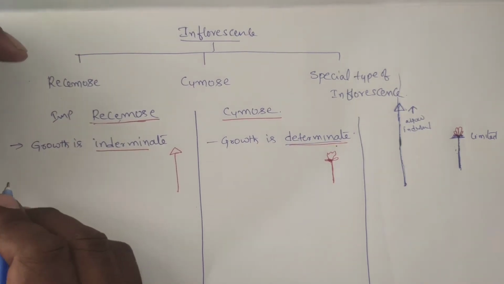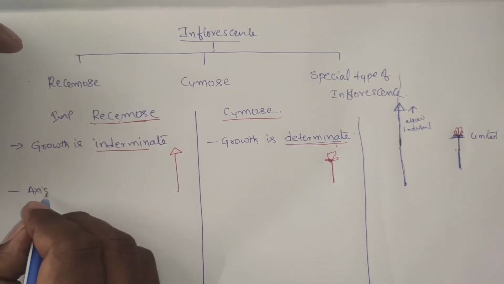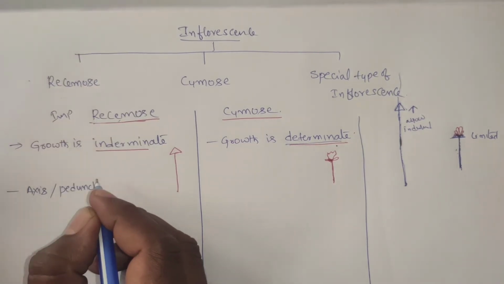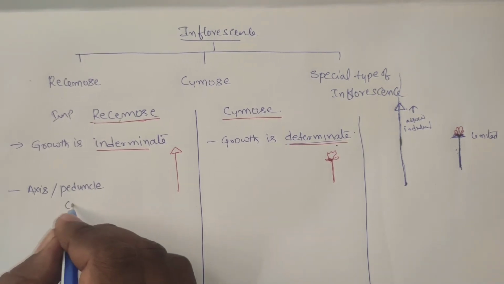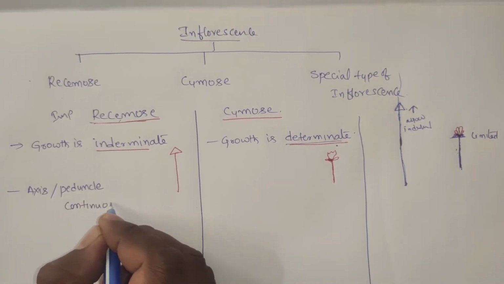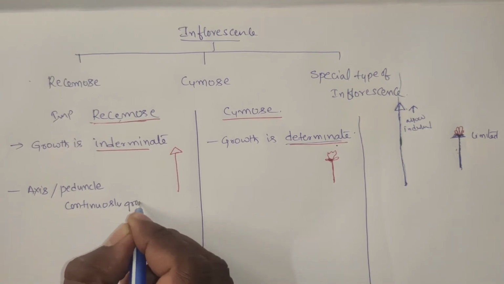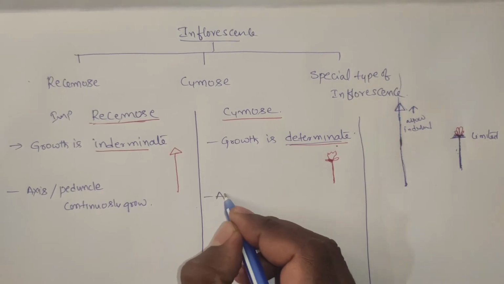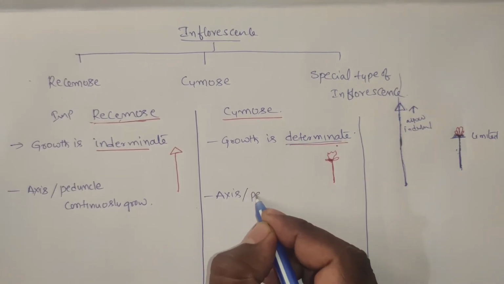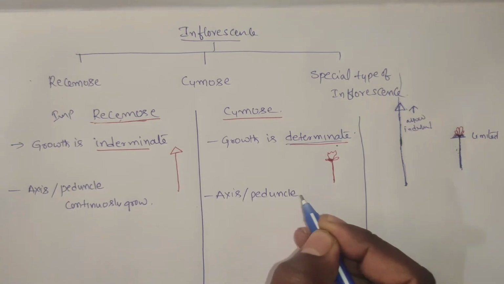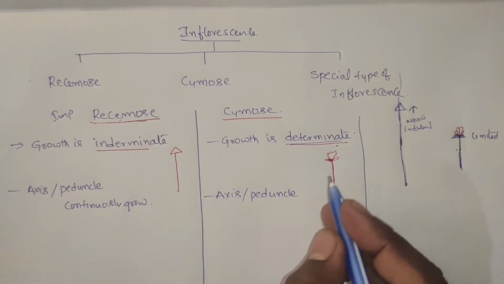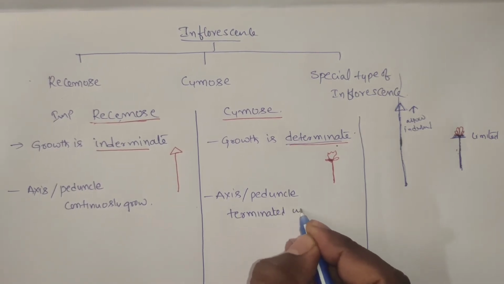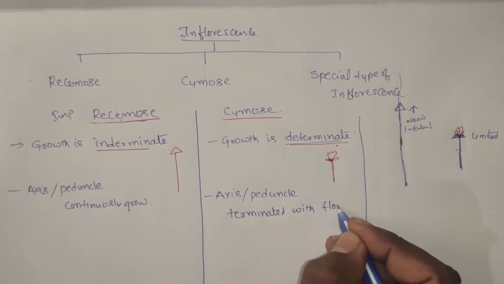And the next one is that the axis or peduncle continuously grows, whereas the axis or peduncle is terminated with a flower.